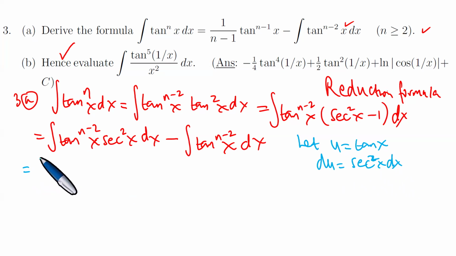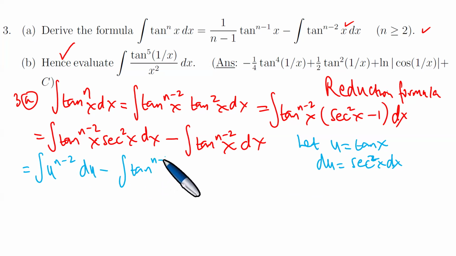Then you would have u to the power n minus 2, and sec squared x dx is du, so you can put du here, minus the integral of tangent n minus 2 x dx.